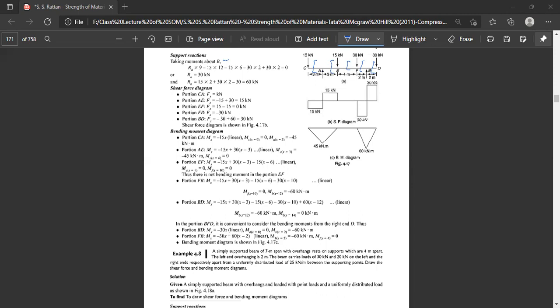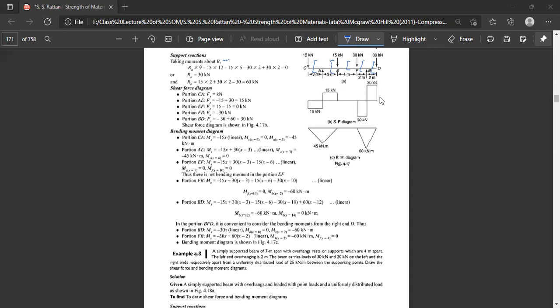From the left of the section X, we have a force at the point C, away by x from this section. We have a reaction of 30 acting upwards, away by distance x minus 3, and we have one force here acting at E, away by distance x minus 6 from the section.